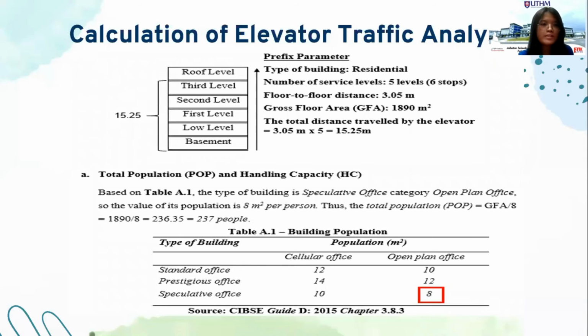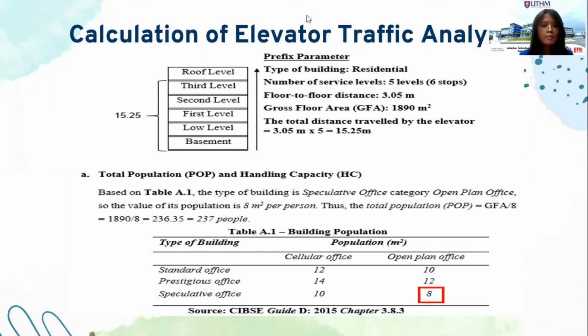Now I'm going to present the calculation of the elevator traffic analysis. My name is Chong. The type of building is residential. The number of service levels is 5 levels that consist of 6 stops. Floor to floor distance is 3.05 meters. GFA is 1,090 square meters, and the total distance traveled by the elevator is 3.05 meters times 5, which is 15.25.